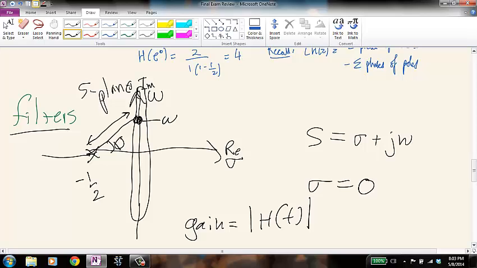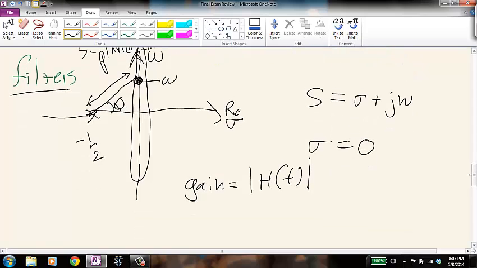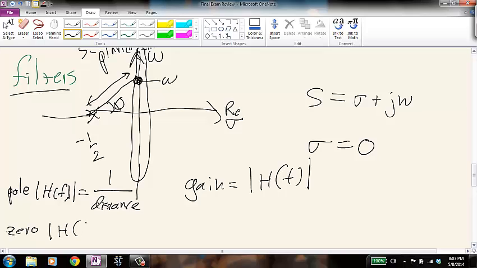Because this is a pole, the gain is one over the distance. If it was a 0, it would just be the distance, right? So the pole is the reciprocal. So as we get closer to the pole, the gain gets higher, as the distance gets smaller.